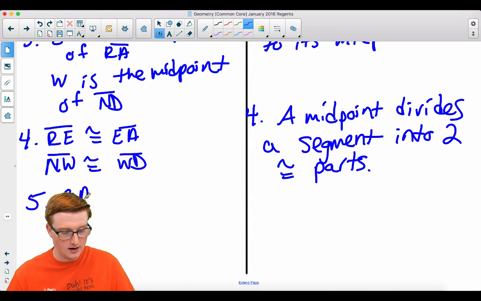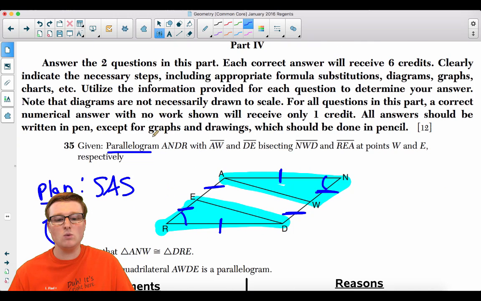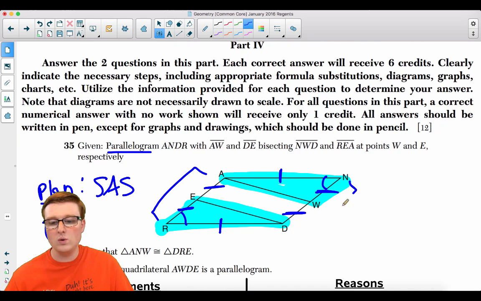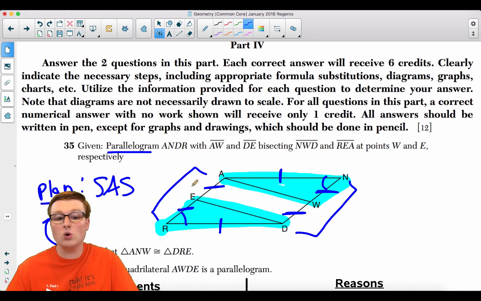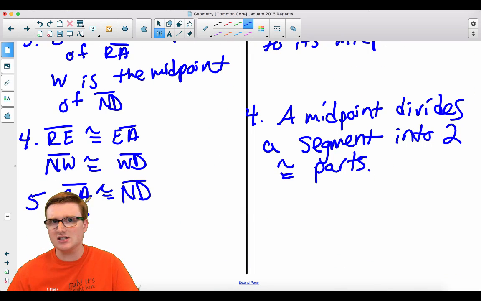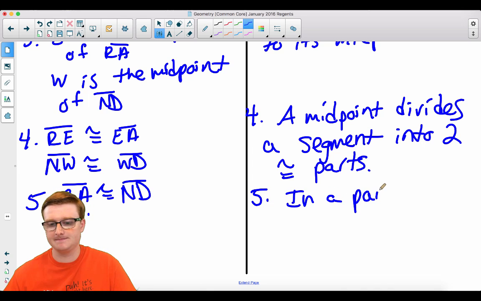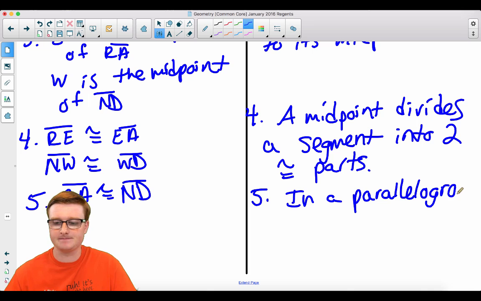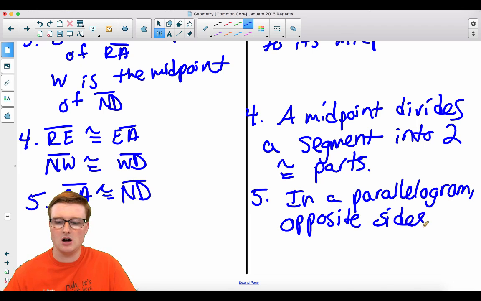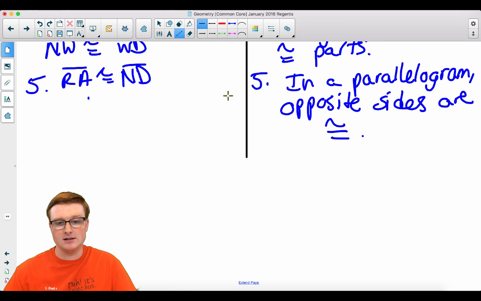Now I'm going to say that RA is congruent to ND. Now, the reason why I'm saying this is we first have to state that the opposite sides of a parallelogram are congruent in order to state that RE is congruent to WN. And you'll see why in just a moment here. But RA is congruent to ND because in a parallelogram, the opposite sides are congruent. Okay, so that is step 5.